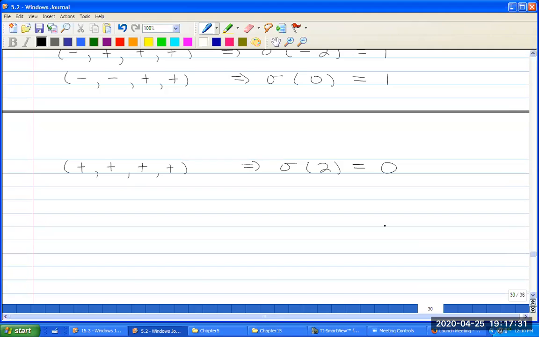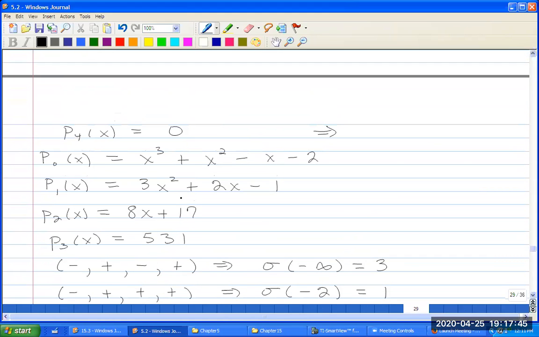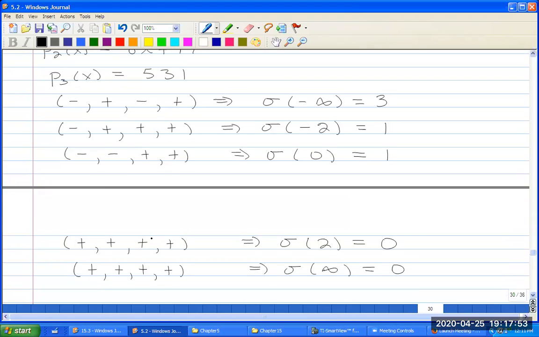And at infinity, these are all positive, because if I take large numbers, this will be positive, this will be positive, that'll be positive, that'll be positive. So there are no roots above 2, and there's 1 between.